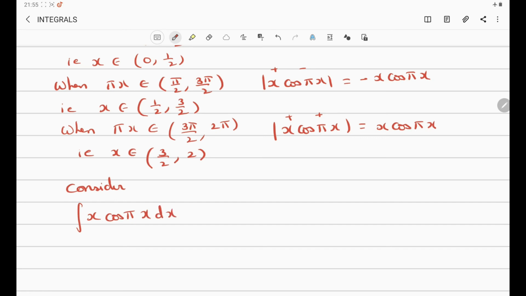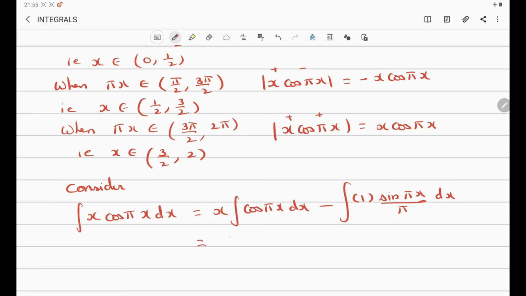So using the integration by parts rule, we get this as x into integral of cos pi x dx minus integral of derivative of x, which is 1, into integral of cos pi x, which will be sin pi x by pi, dx.